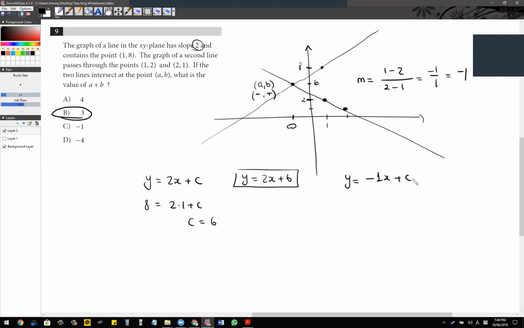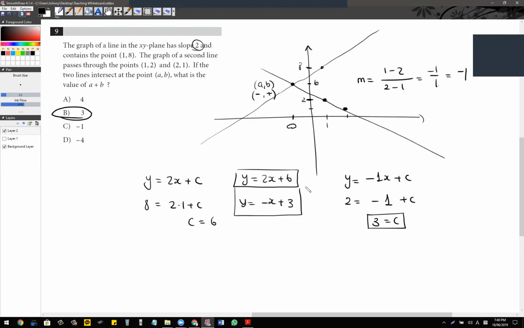We have to figure out c here as well. So just plug in any point that it goes through, either 1, 2 or 2, 1, it doesn't matter, you're going to get the same answer. So 2 equals negative 1 times 1 plus c, so c is equal to 3. So therefore the equation is y equals negative x plus 3.